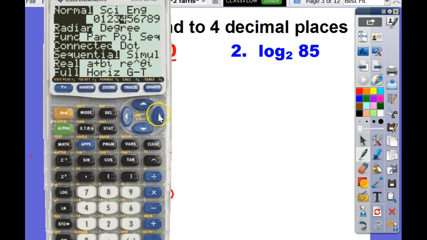And this row right here controls the decimal. And we want it to be round to 4 decimal places. So we highlight the 4 and then push enter. The mode, this row right here, controls the decimal. And so the calculator is going to round off for us when we set the mode to 4.